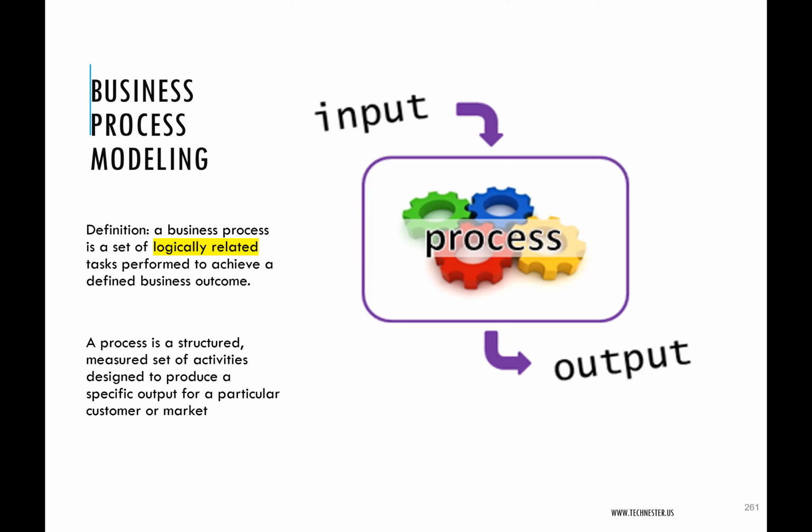So all those alternate flows, all those other things, they can be in one model. Unlike use case, where the use case just captures how users want to use the system, it doesn't tell you the steps they are going to take to perform the use cases. Your process model tells you those steps and captures the alternate flow. Your use case does not capture alternate flow adequately, but this one captures it.